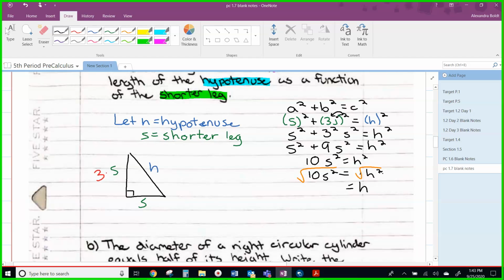Well, when we're doing square roots, we want to make sure whether we can simplify it or not. And this we actually can simplify. Because if I split it up like this, s squared is a perfect square. What's the square root of s squared?